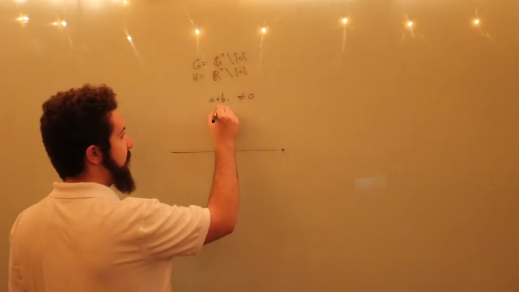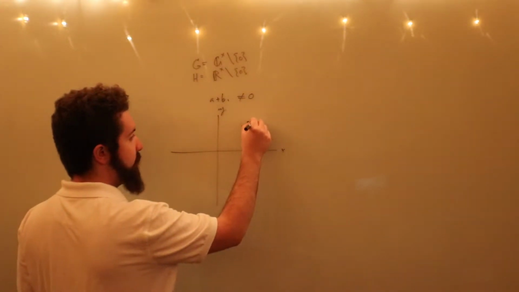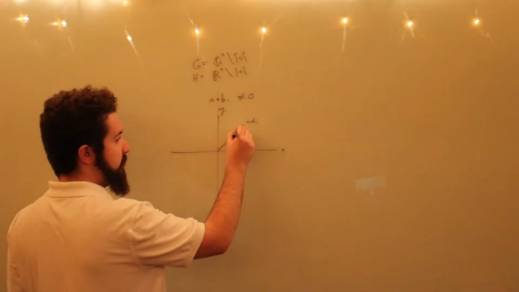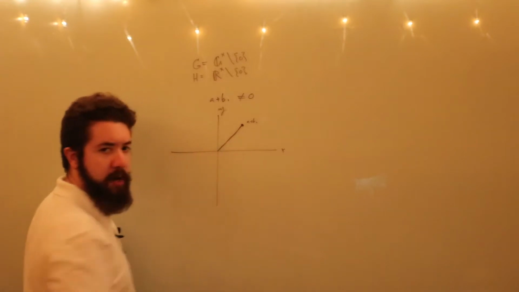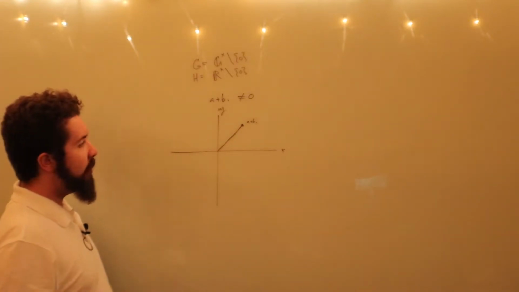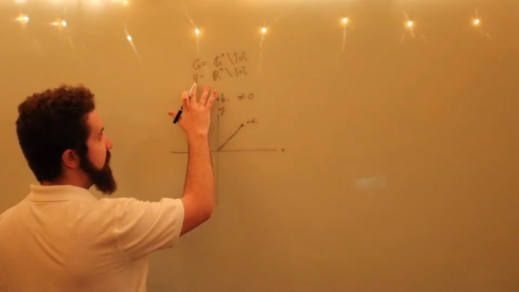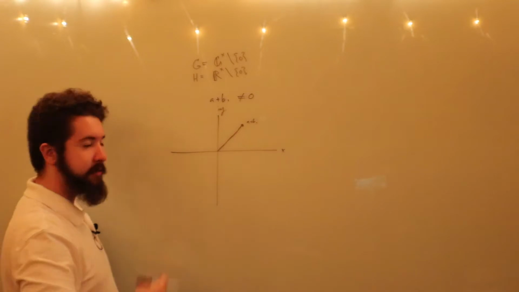We have our x-axis, our y-axis, and we have some point a plus bi, which we can think of as this sort of vector here in the complex plane. So what we can do now is take a coset of this subgroup in G via this singular element.